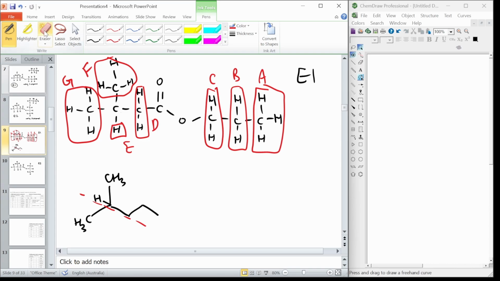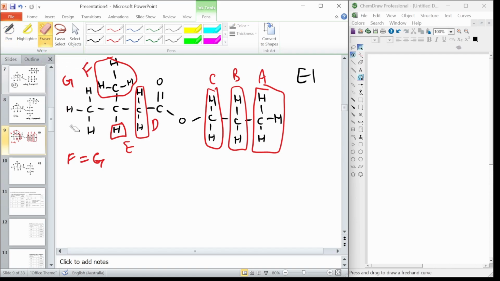Essentially they are the same thing, but for starters I'm just keeping them separate. So why don't I just make a note that F equals G for clarity. Okay, so now we're just going to go through each of the parts and assign what we think the answer should be multiplicity wise.